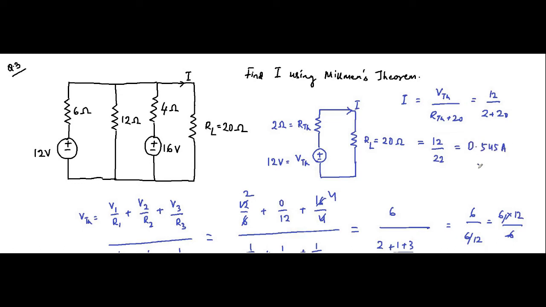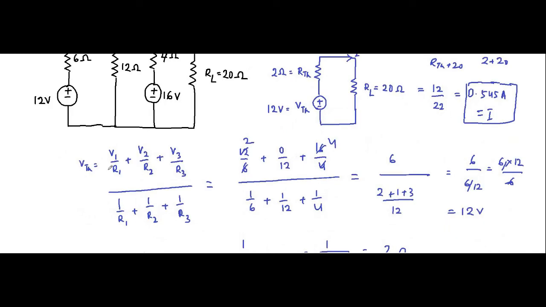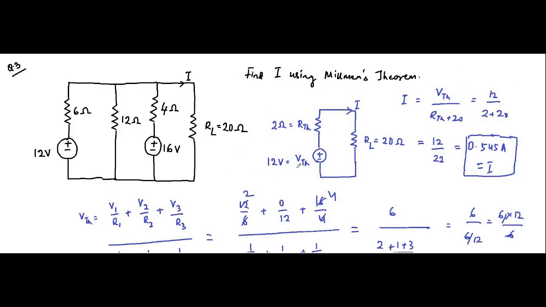This is equal to I. The important thing to remember is that whenever you have a situation where there is no voltage source in a specific branch, put that value of voltage in this equation as 0 to determine the Thevenin voltage. So this is the third question related to Millman's theorem which we have discussed.